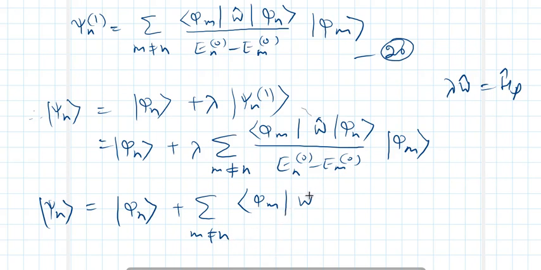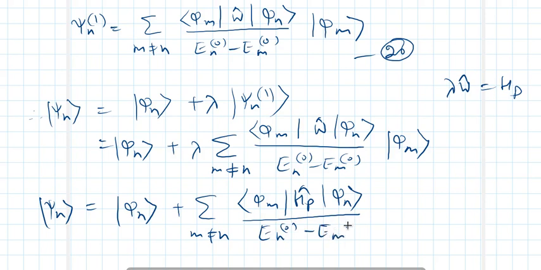So it is hp and phi n divided by En0 minus Em0, and it is phi m, right?